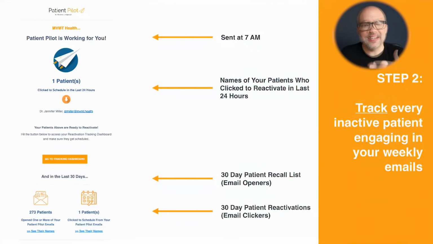So whether you need to dig into data or whether you make it easy by utilizing us, having the names of those individuals is super, super critical. Why? Let's dive into two things: email openers and email clickers. Email openers is going to tie back to earlier. Email openers, that's your patient recall list. Instead of just blindly calling based upon the last time that they've been seen, send them communication that continues to build trust and value.